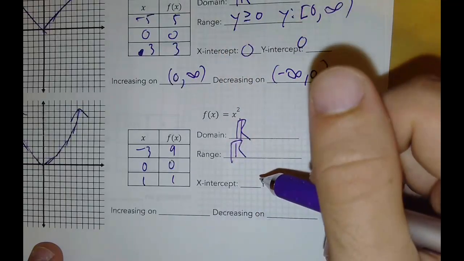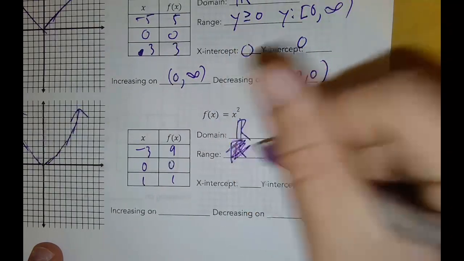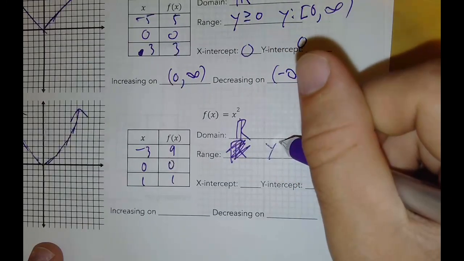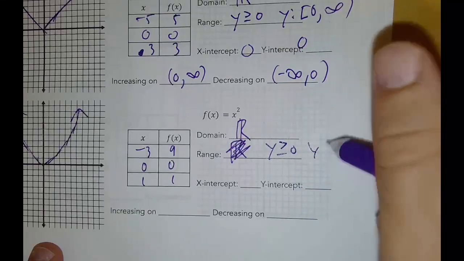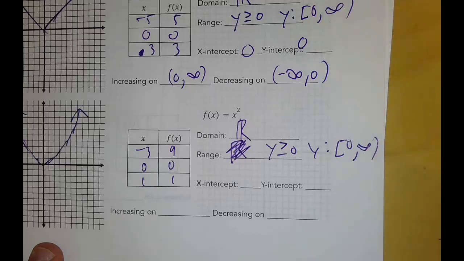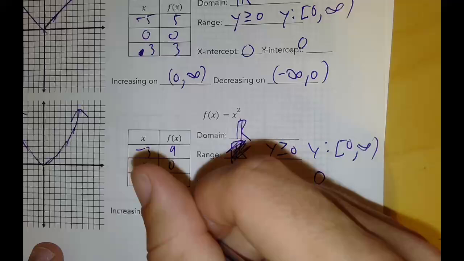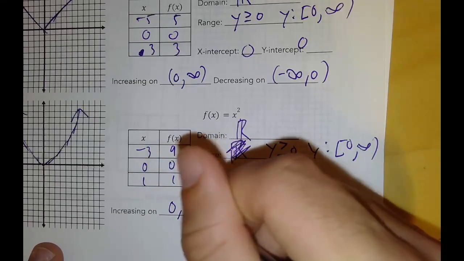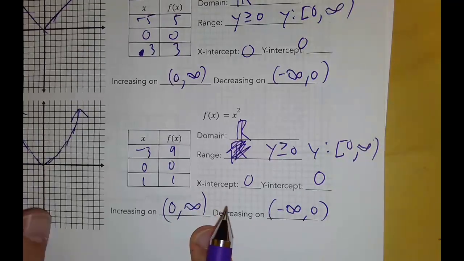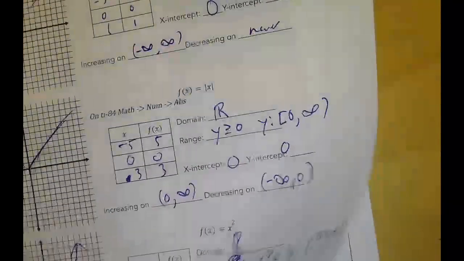The range is from 0, so it's y greater than or equal to 0, same as above, y 0 to infinity. Again, 0 and 0 here, and then it's increasing, same as above, 0 to infinity, and decreasing from -infinity to 0. From -infinity to 0, it's going down. From 0 to infinity, it's going up.